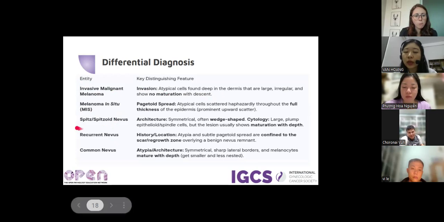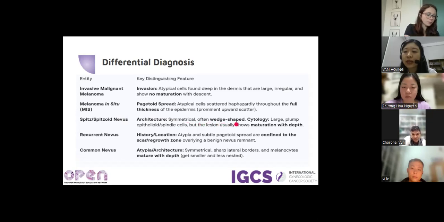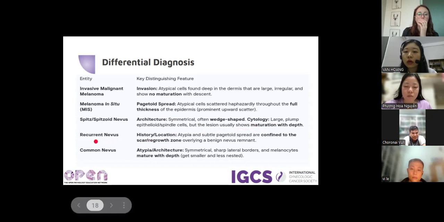And the one we discussed earlier is symmetrical and often aggressive. The cytology is large, plump epithelioid or spindle cells, but the lesion usually shows maturation with depth. And we should also differentiate it from recurrent nevus and common nevus.